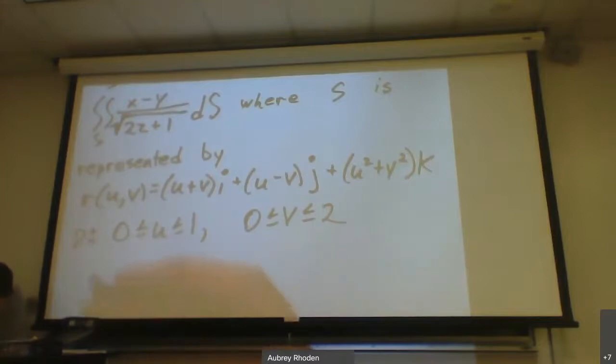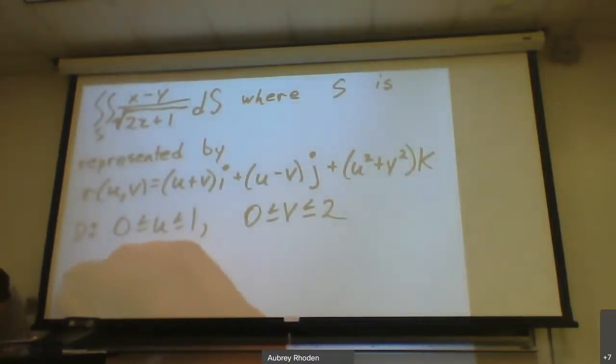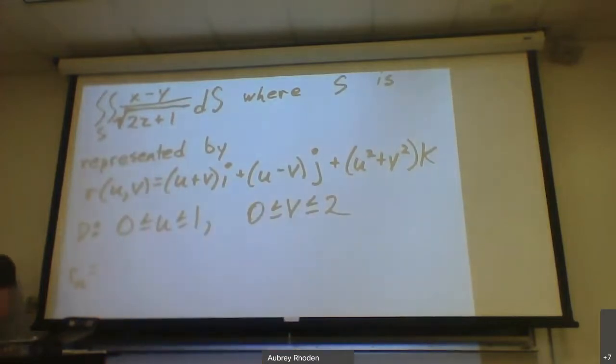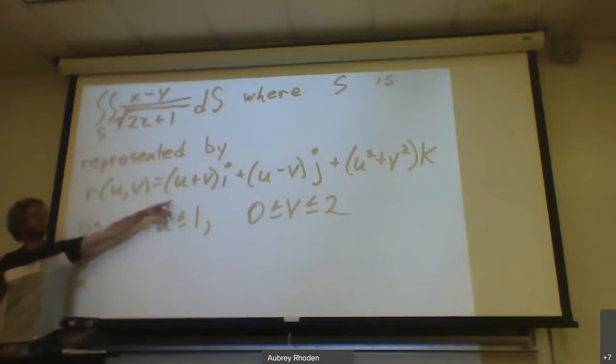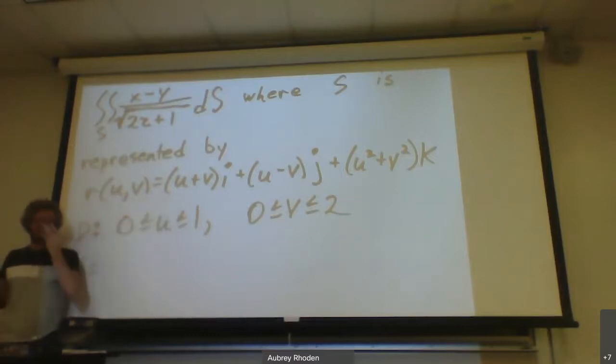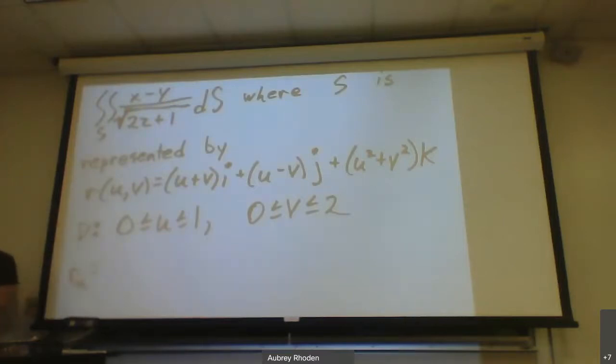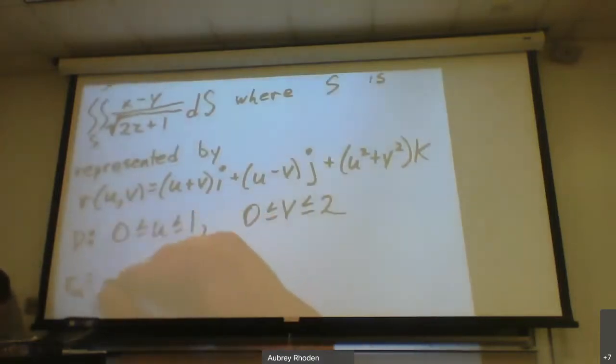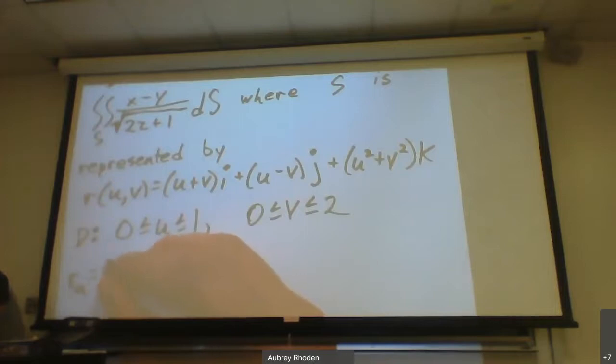So r sub u. If I take the partial derivative of this component with respect to u, there's only one u, so the derivative of u would just be 1, so this would be i.